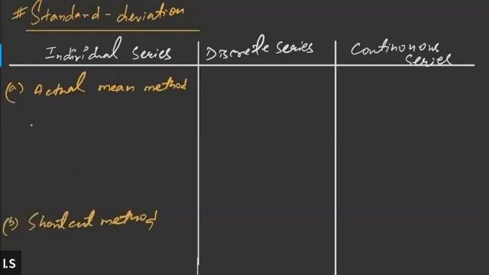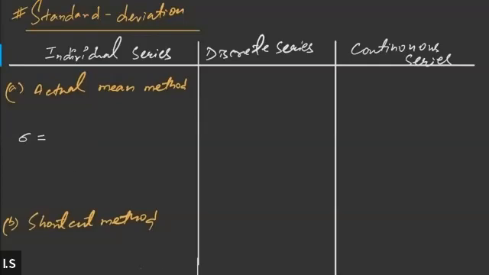In case of individual series, the actual mean method works something like this. This is the sign of standard deviation. It is not exactly 6, it is something like this. Instead of using this sign, you can also write SD for standard deviation.